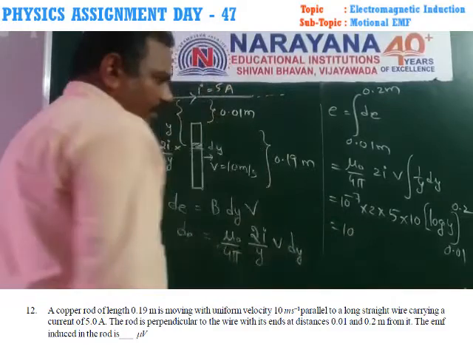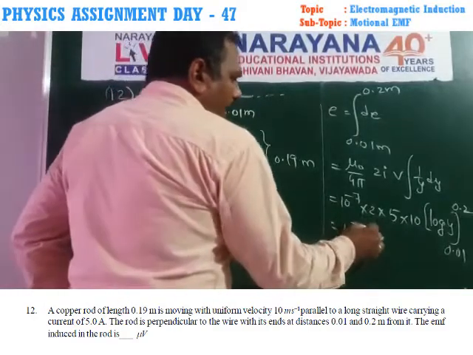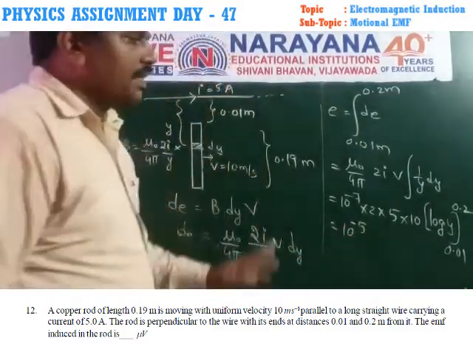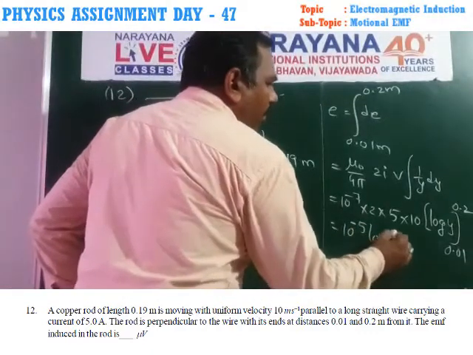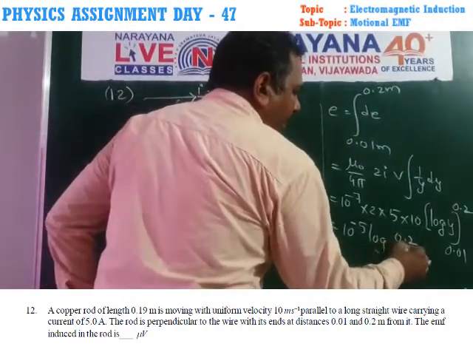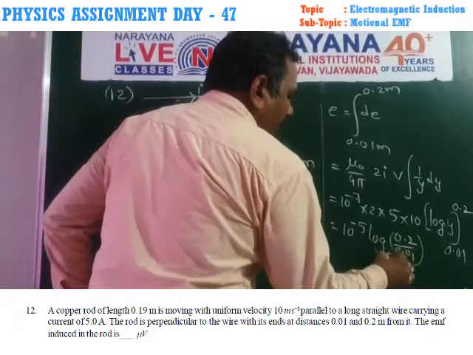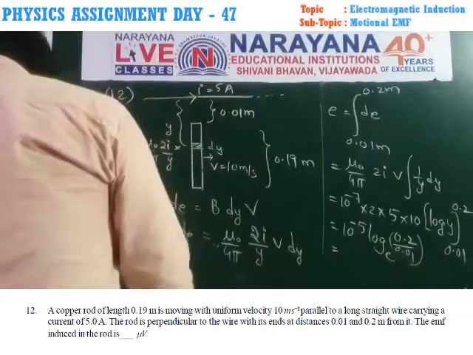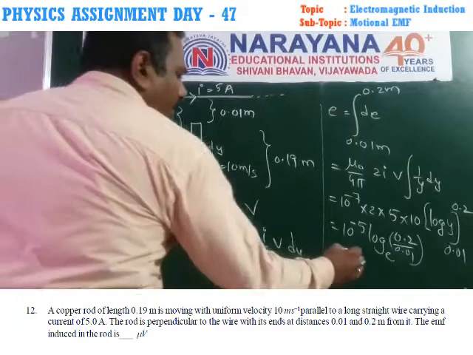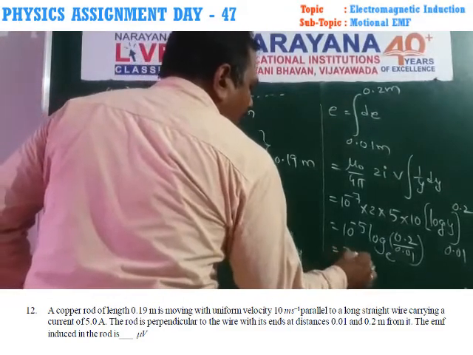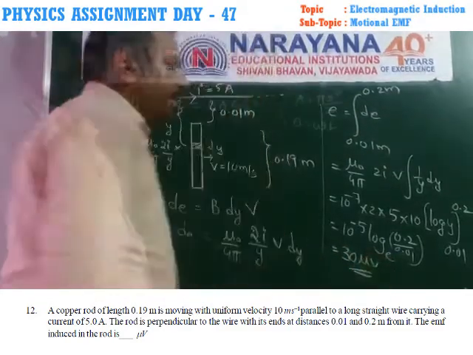So 10 power minus 5 into log of 0.2 by 0.01. So on calculating it, we get a value of 30 microvolts.